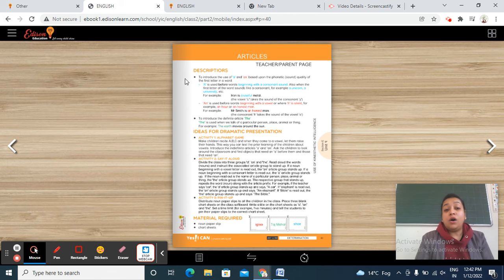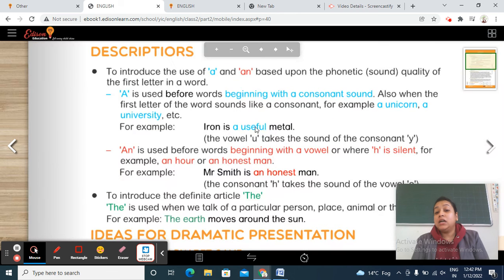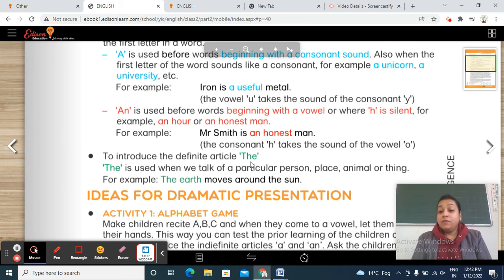The sound of u is a vowel sound. When the vowel sound of u is coming, then we put an. And when the sound of u is coming like y, as in year, then we put a. This is the first rule for u.